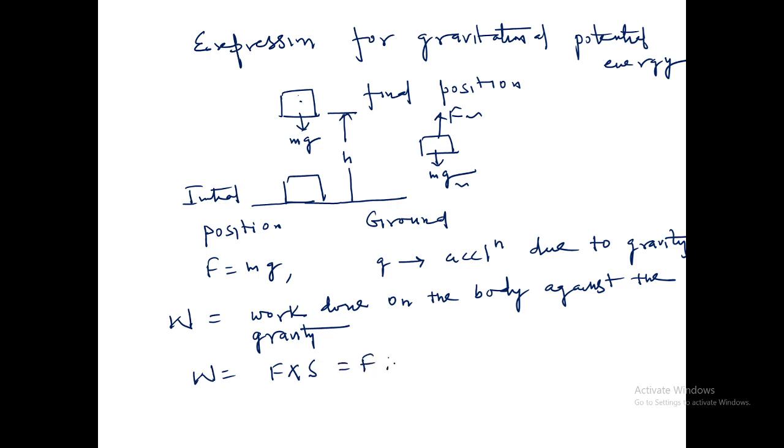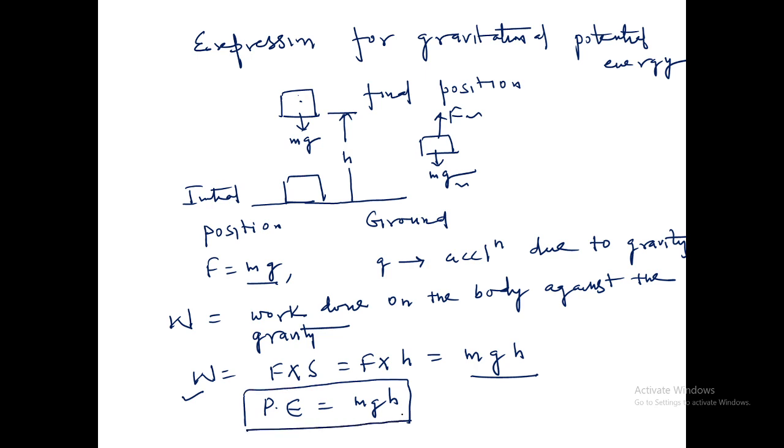So F into h. So F is equal to mg and s is what? h. So mgh. So this work mgh gets stored up in the form of potential energy. Thus gravitational potential energy is equal to the work done on the body against gravity. So potential energy is equal to mgh. So this is the expression for potential energy.